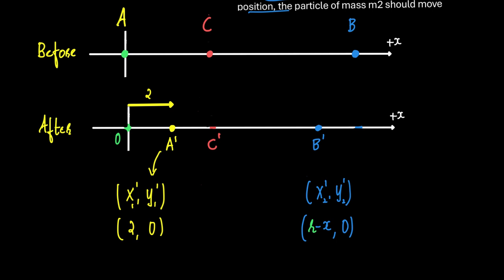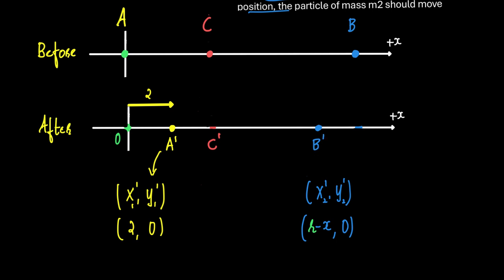Okay, now before, we have the positions of m1 as A, m2 as B. Okay, after moving we have the positions of m1 as A dash and m2 as B dash and center of mass as C dash. Okay, so what are the coordinates of A dash? X1 dash, Y1 dash.